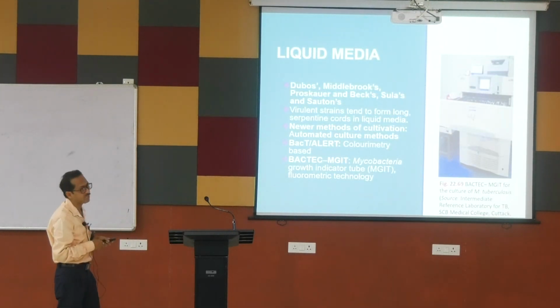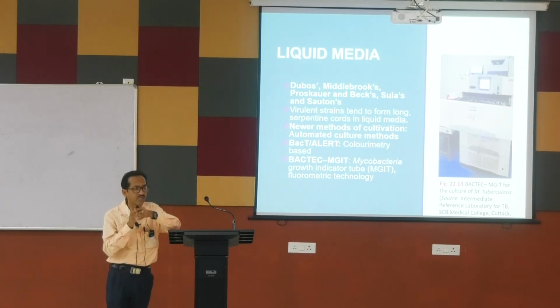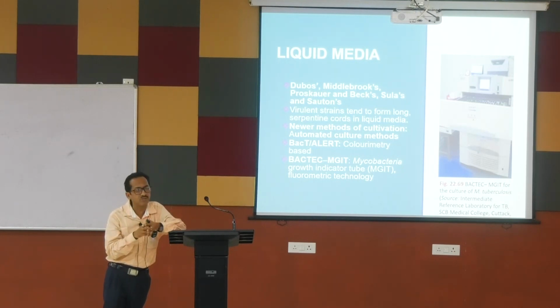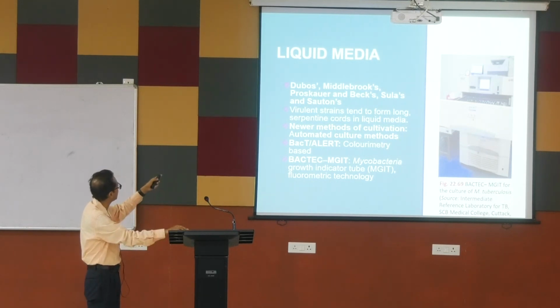These are a few liquid media. What is the advantage of liquid media? It grows quickly, in 2 or 3 weeks, and it is used for drug sensitivity testing. Name a few liquid media: Dubos media, Middlebrook media, Proskauer-Beck media, Sula's media, and Sauton's media.